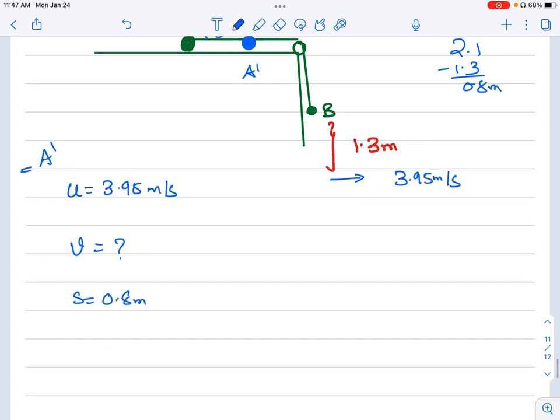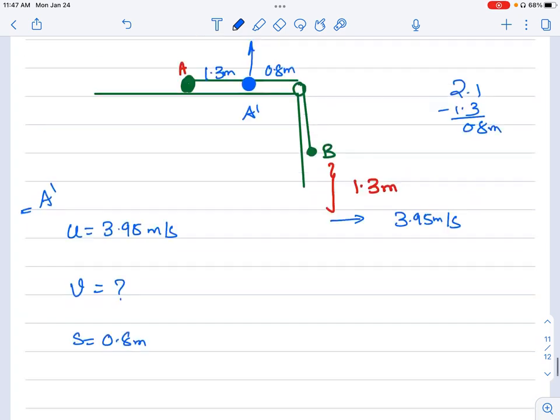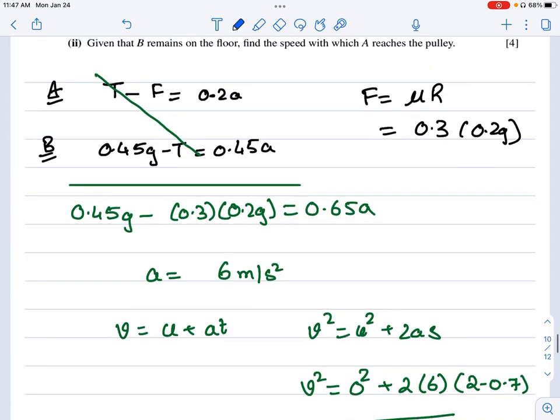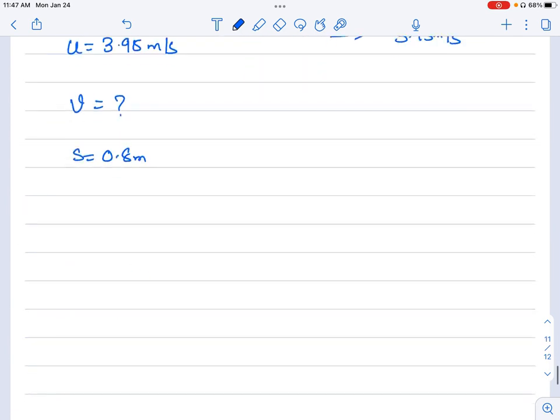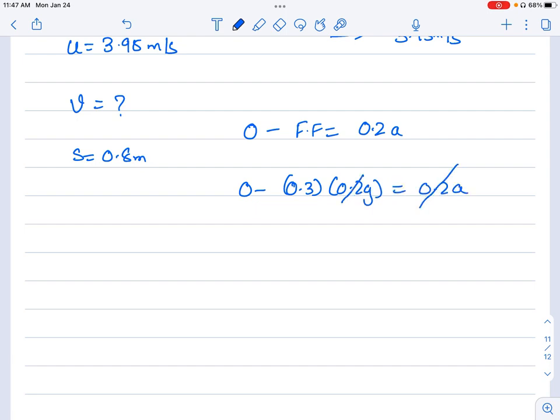Now we need to know the deceleration. So we have learned forward force minus backward force is equal to ma for A. There is no forward force, and the backward force is my frictional force, equal to ma. M is nothing but 0.2, so 0 minus mu R, where mu is 0.3 and R is 0.2 g, is equal to 0.2a. The 0.2 gets cancelled.